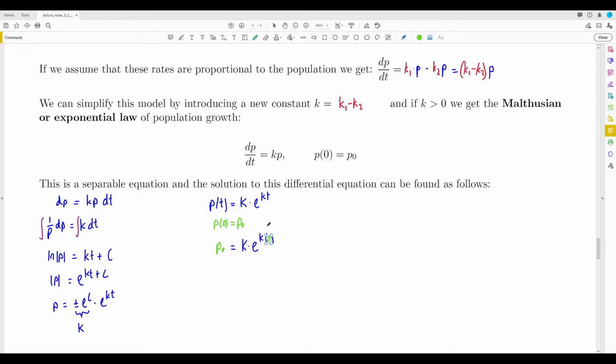And so capital K, because this is going to be 1, I see that capital K is just P naught. And so my final model is P of t equals P naught times e to the power kt.